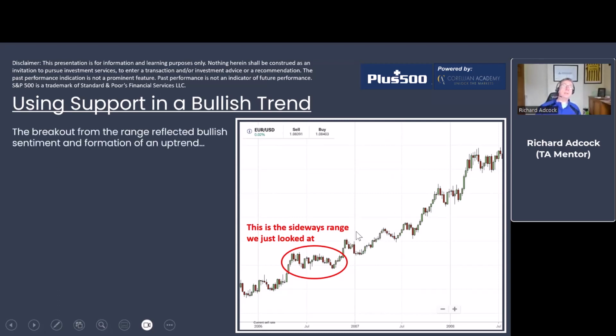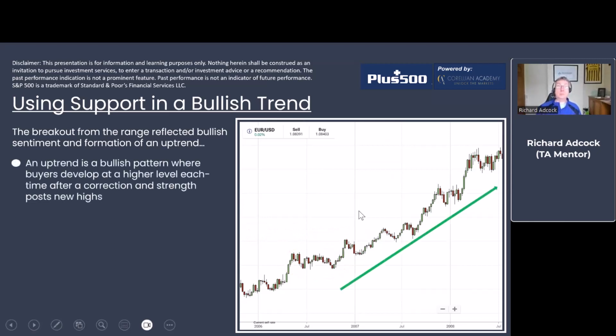This is when the breakout from the range reflected a bullish sentiment shift and the formation of an uptrend. And that is obviously a bullish pattern. This is where buyers develop at higher levels each time after correction of strength from new highs.